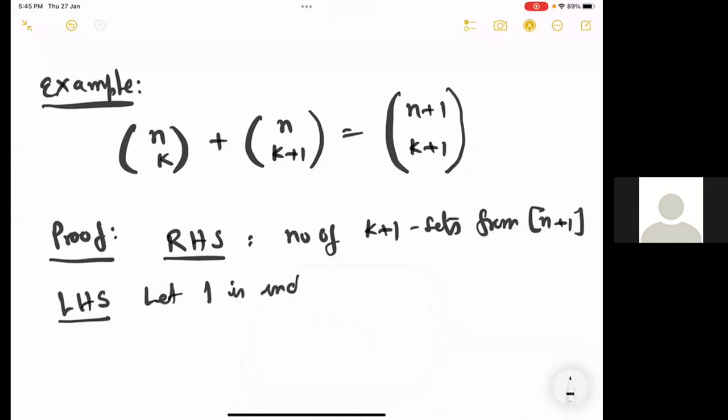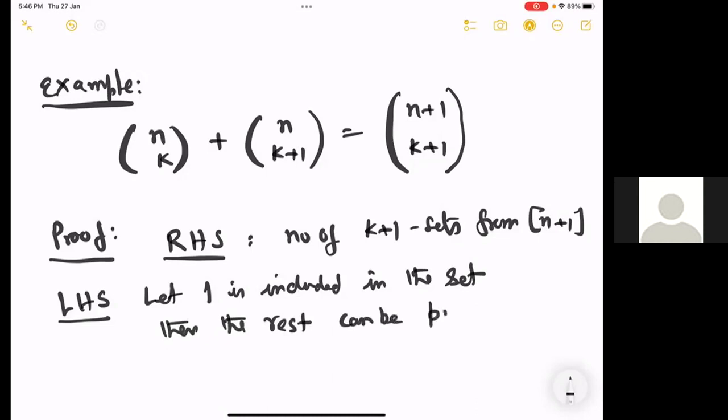Say 1 is included in the set. Then the rest can be picked up in n choose k ways.